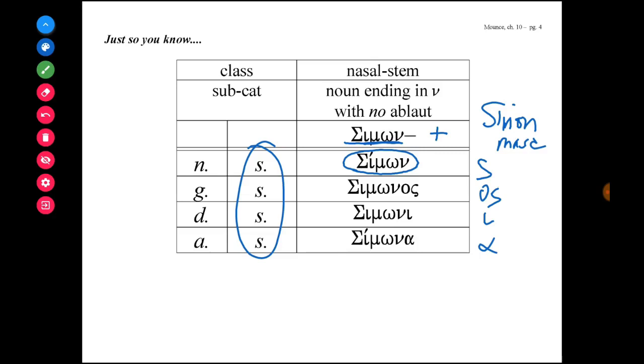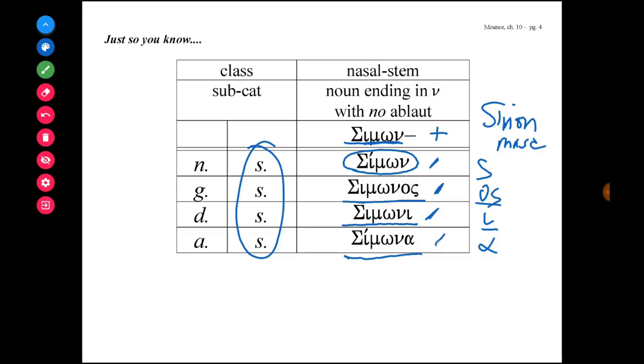So if you add os to Simon, you get Simonos as a genitive form. Add i, then you have Simoni. And so this is Simon, this is of Simon, or Simon's. This is to Simon, and if you want to use Simon as a direct object, then you have Simona.